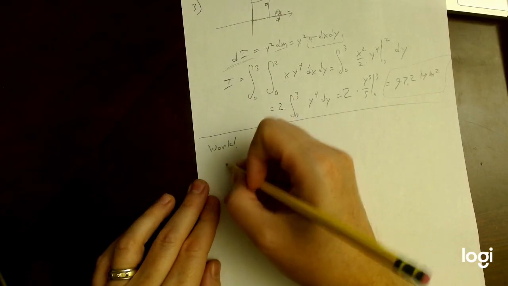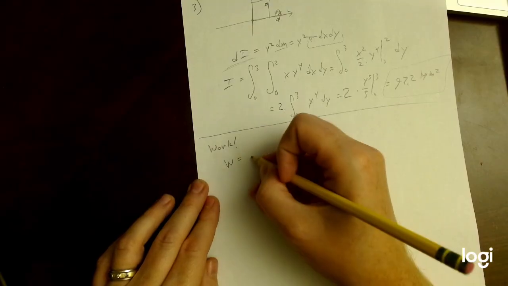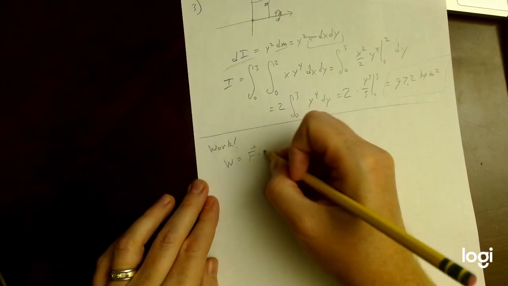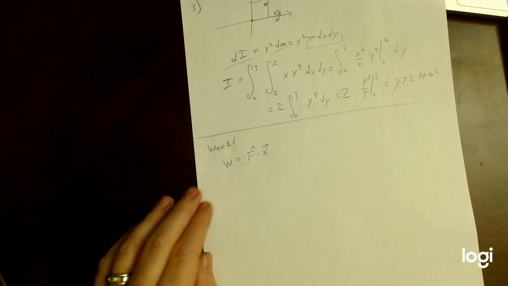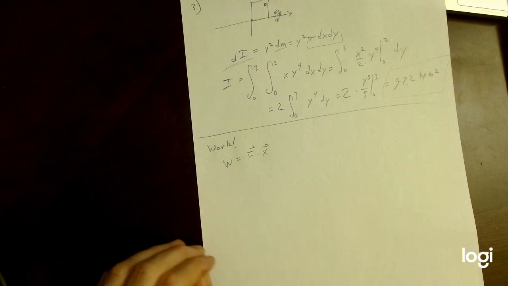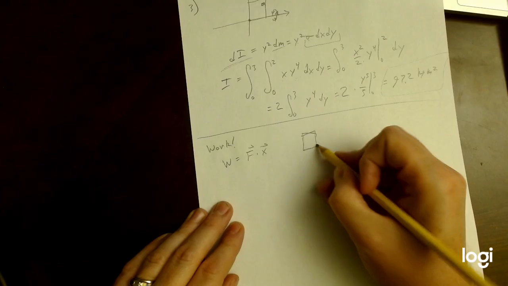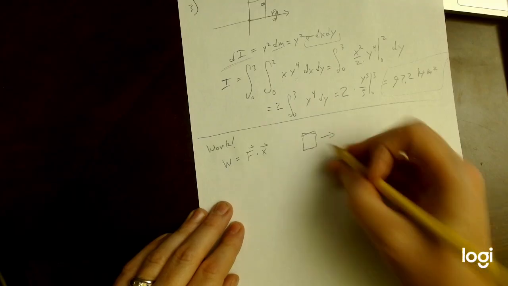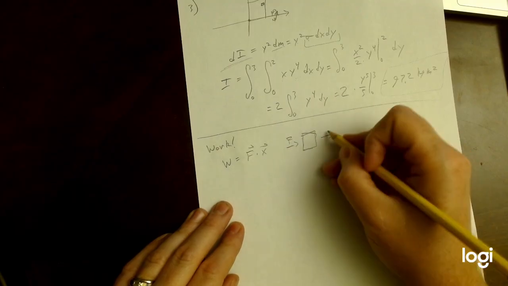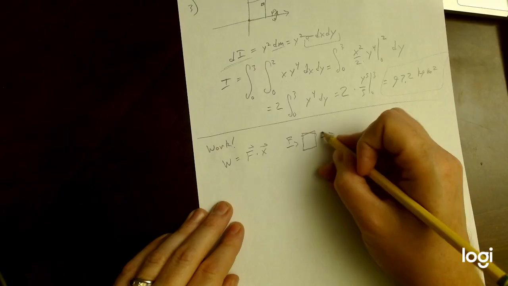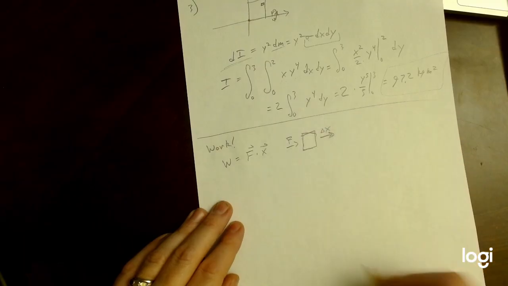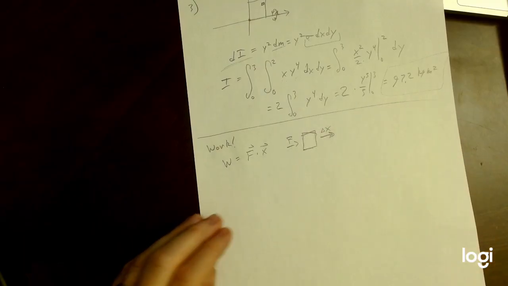So if we think back to our physics 1, work was force dot product with displacement, meaning that if I take a box and I push on it with some force, and as a result it moves by some amount, I have done work on that box.